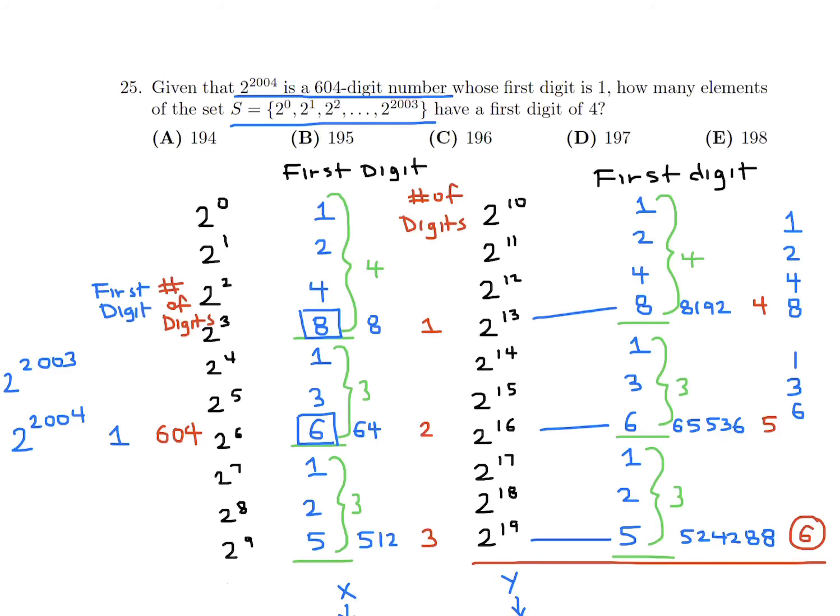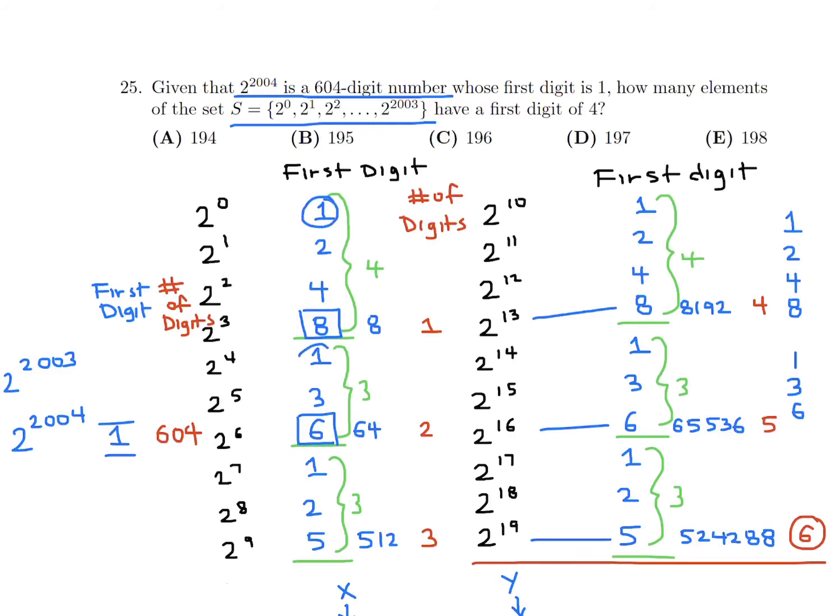And first digit. Now we need to figure out the same information for 2003. Well, for 2 to the power of 2003, I don't know. I have no idea what is the first digit. But the good news is that this is a 1. And therefore, because it's a 1, this basically means that it's the start of another subset.